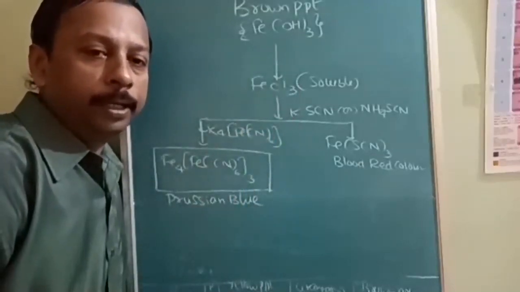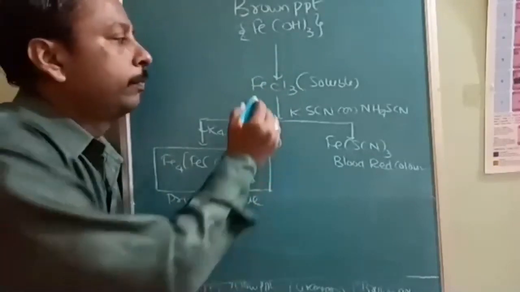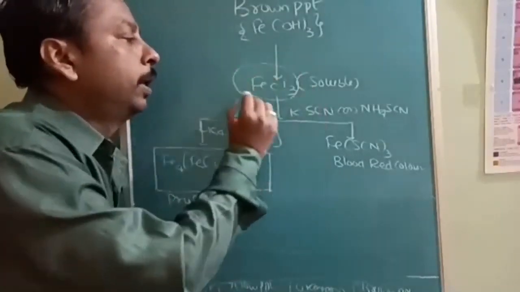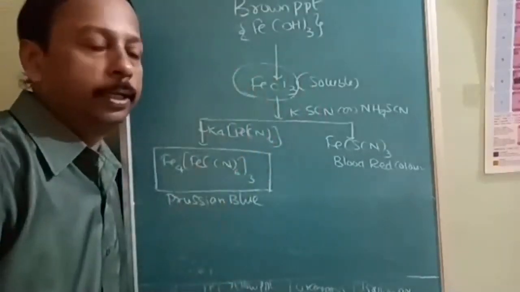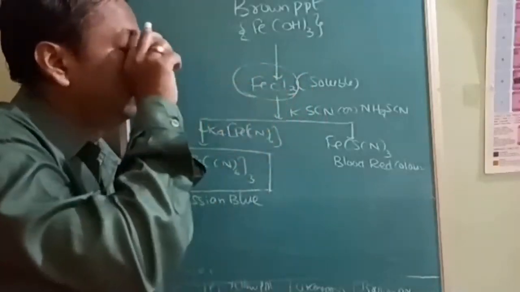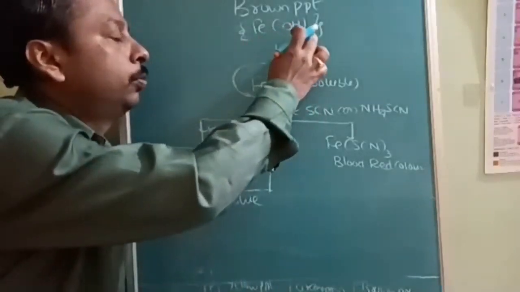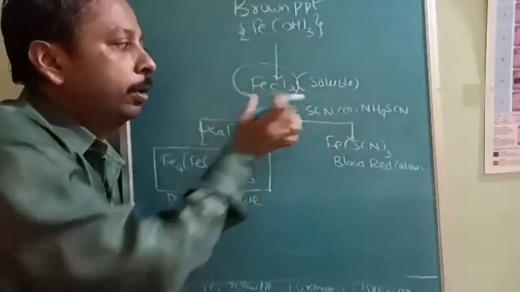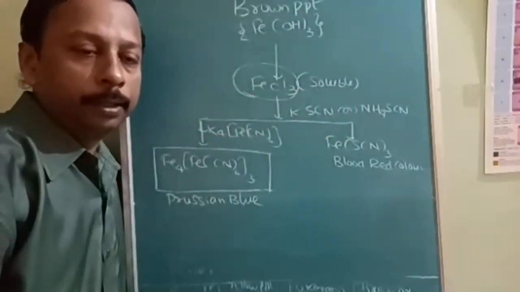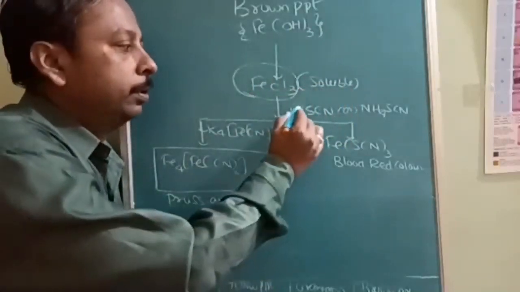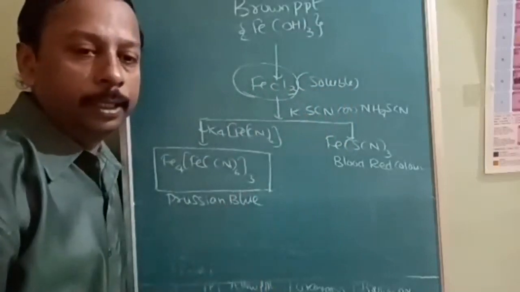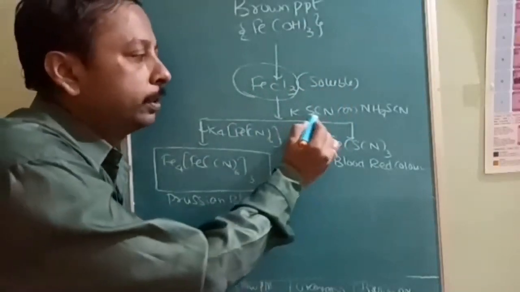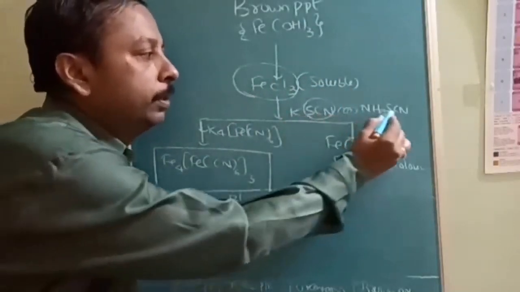Brown precipitate Fe(OH)3. First it is made soluble by converting it into FeCl3. Fe(OH)3 is converted into soluble FeCl3. Then it is treated with KSCN. Our aim is to replace with SCN.